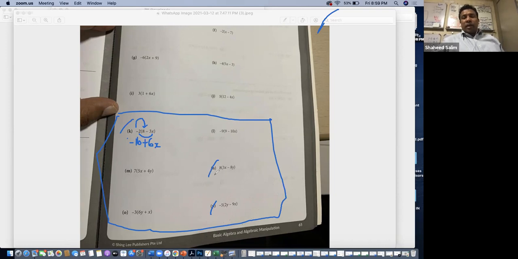Now you move on to this one, Zahira. You and Raihana. Okay, let us see now. 100%. Very confident. Very good. Confidence is there.